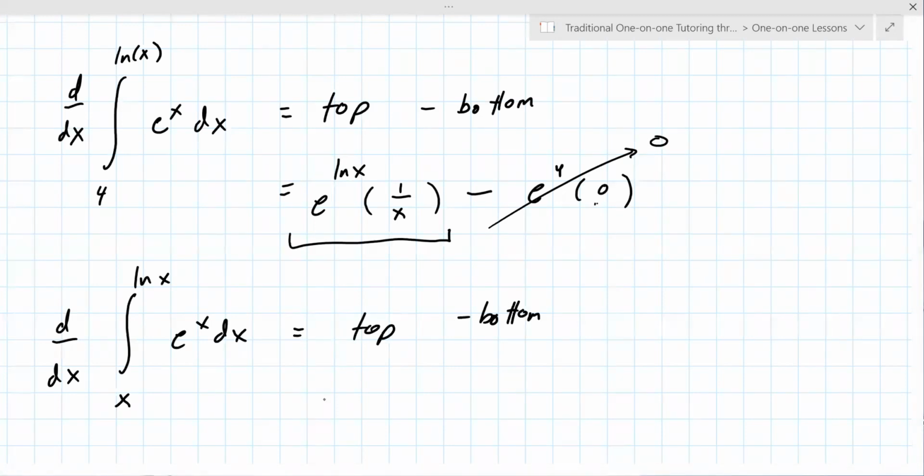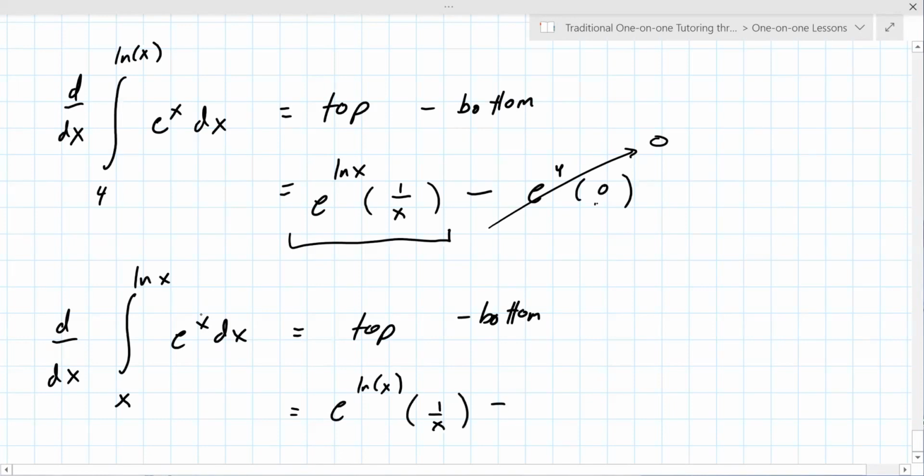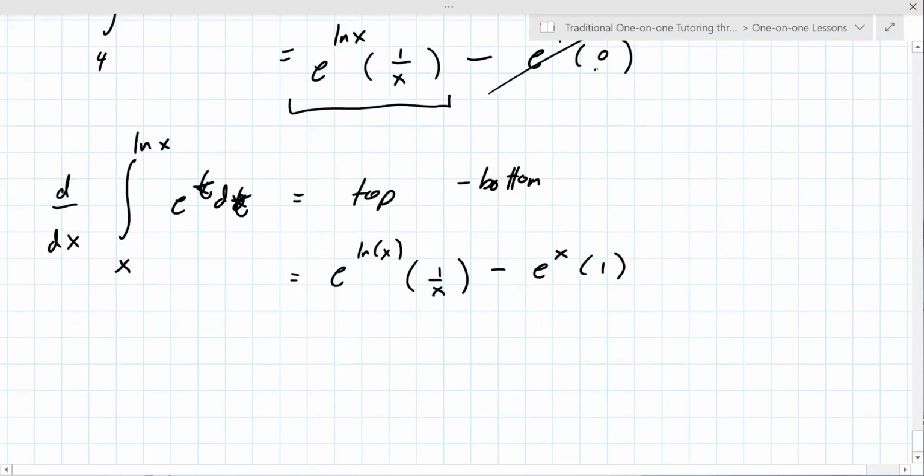So it's e to the natural log of x times the derivative of natural log of x, which is 1 over x, minus, I'm sorry, these should be t's. So you take x and put it in here, so it's e to the x times the derivative of x, which is 1. And this does simplify. E to the natural log of x is x.